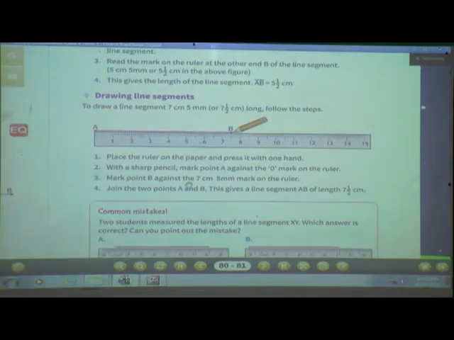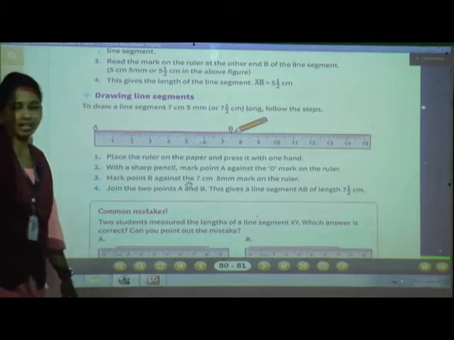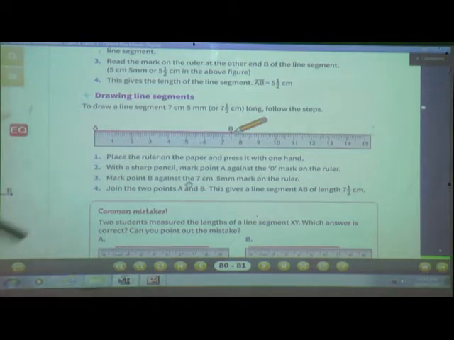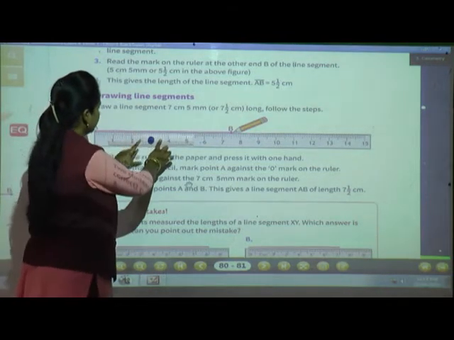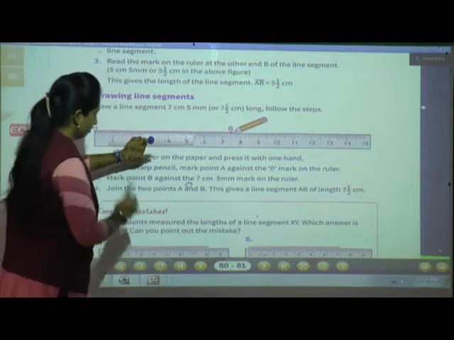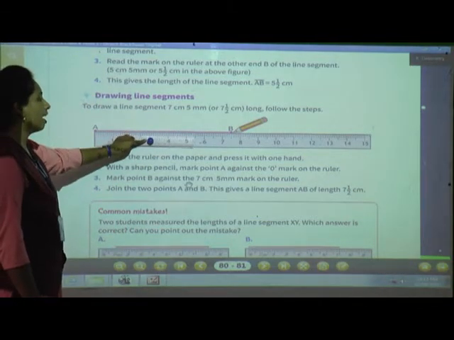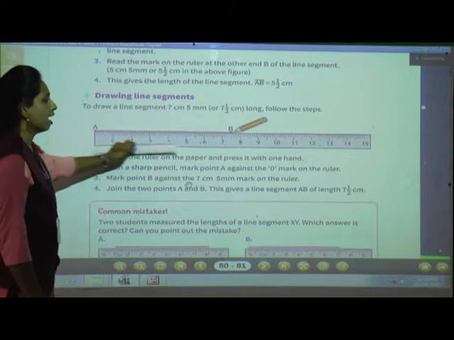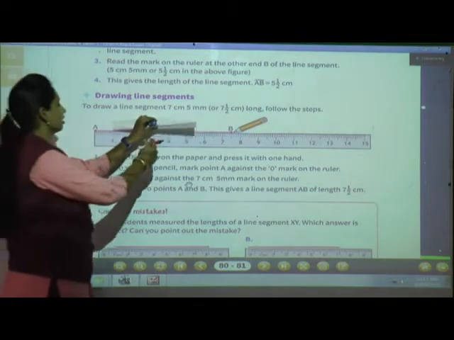First, you have to place the ruler on the paper and press it with one hand. Just keep and press with one hand in this way, okay? And with a sharp pencil, mark point A against the 0 mark on the ruler.